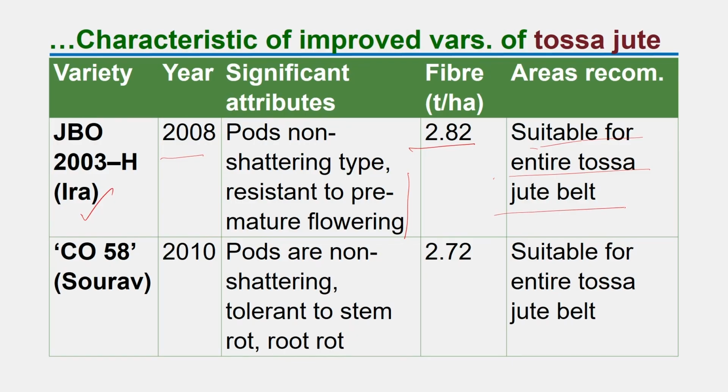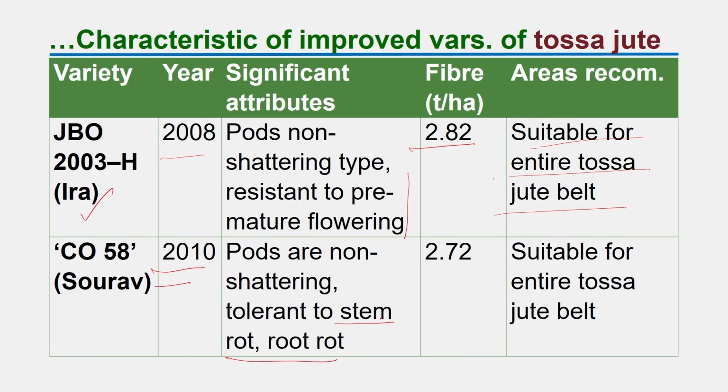Next important variety is CO58. This is also known as Sorav, and this variety for commercial cultivation was released in year 2010. Pods are non-shattering and tolerant to stem rot and root rot.